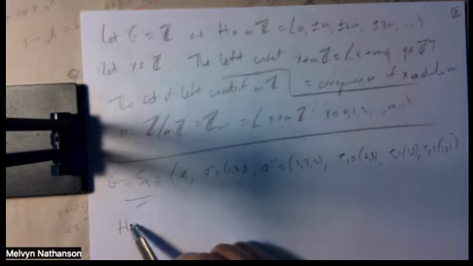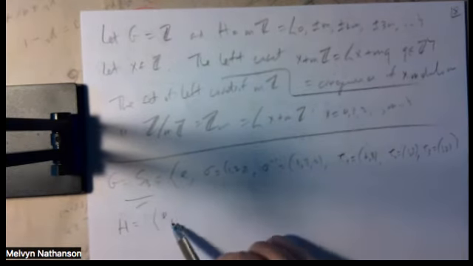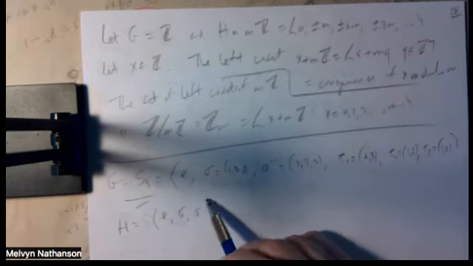And tau 3 interchanges 1 and 2. So I have 1, 2, 3, 4, 5, 6. The symmetric group S3 has 6 elements. And I can take the subgroup H to consist of the identity, sigma, and sigma inverse. So these 3 elements form a subgroup.